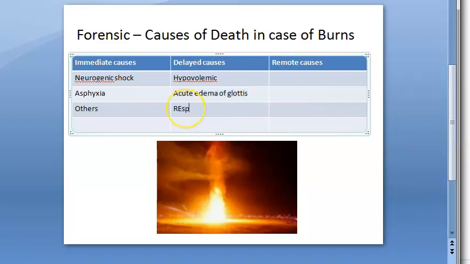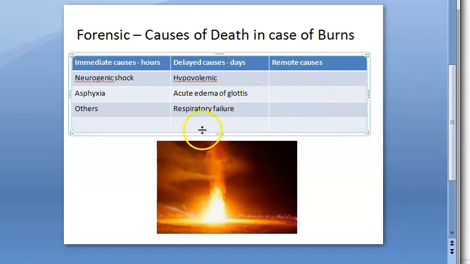Then there is respiratory failure, written here as a delayed cause. Basically inhalation injury, pneumonia, then acute respiratory distress syndrome, ARDS, a significant cause of death within 3 days. Here delayed means 1 to 2 days. Immediate means hours. Delayed is like a day.